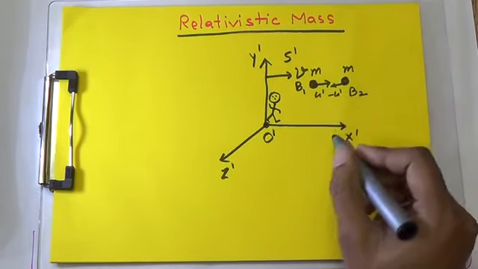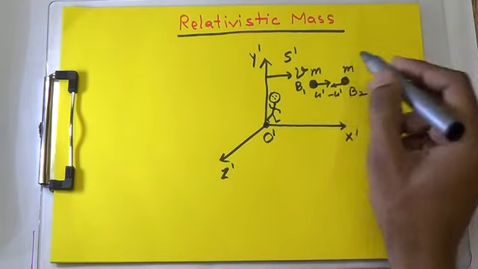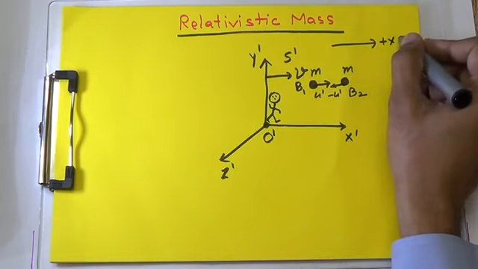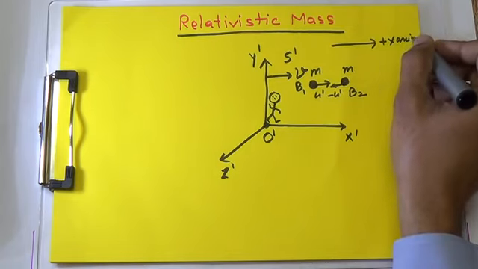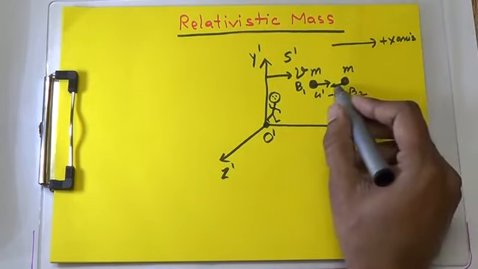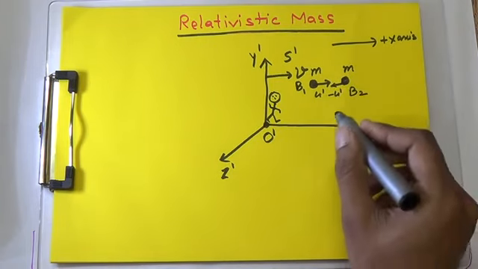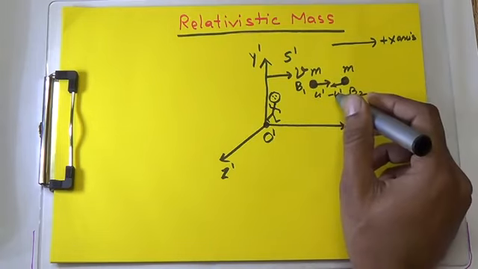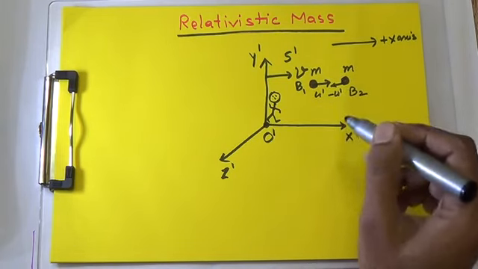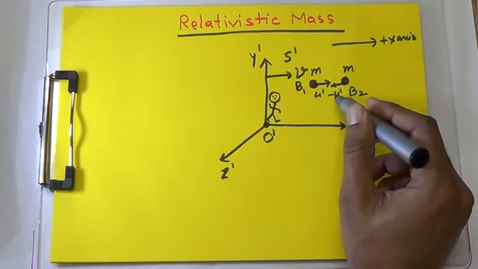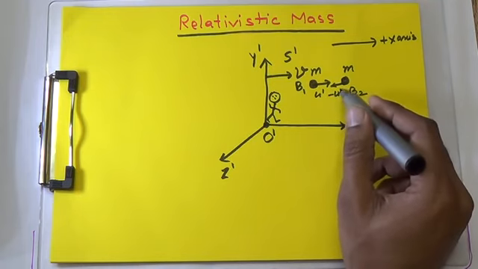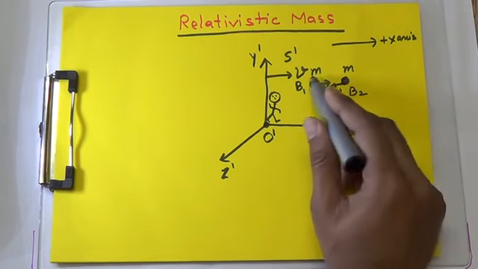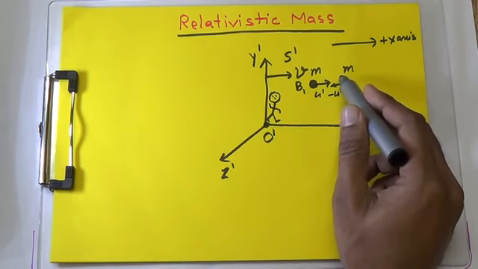We take minus u prime because the S prime frame is moving along the positive x axis, so the speed of this ball is opposite to that direction. So u prime is the speed of both balls, the same but in opposite directions, and the masses are the same.